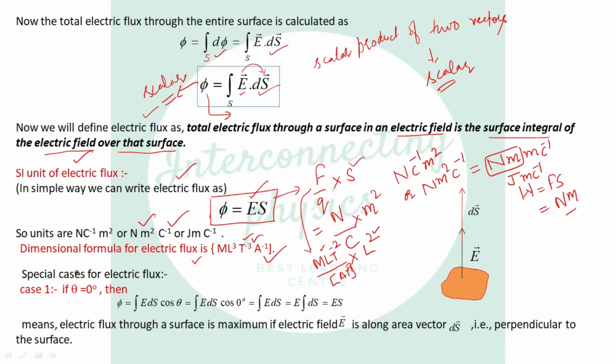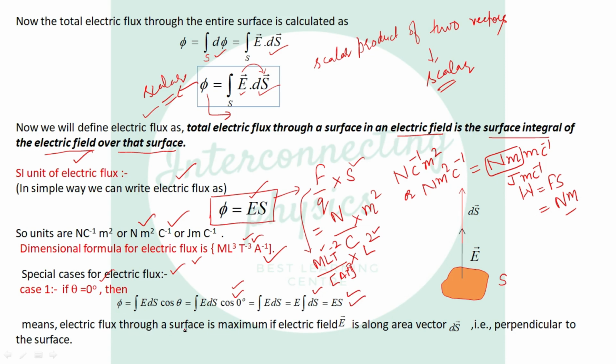Now, special cases for electric flux, very important for NEET or JEE. If theta equals 0 degrees, we write it as E ds, because cos 0 is 1. So E can be taken outside the integration if E is uniform, and if the area of the surface is S, then we get ES.